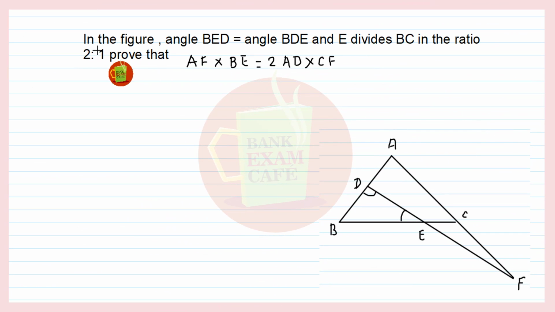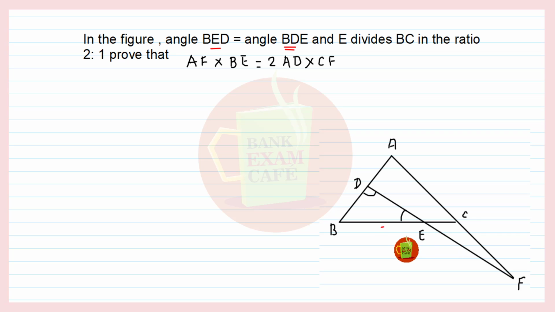Friends, here is a question on the screen. In the figure, angle BED is equal to angle BDE. These two angles, angle D and angle E, are equal, and point E divides the BC side in the ratio 2:1.